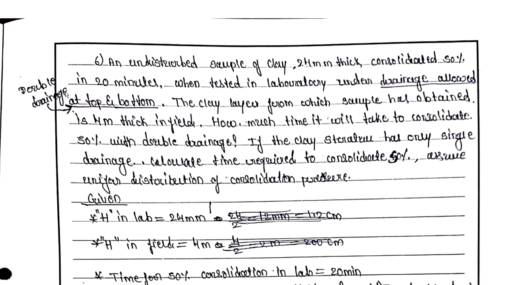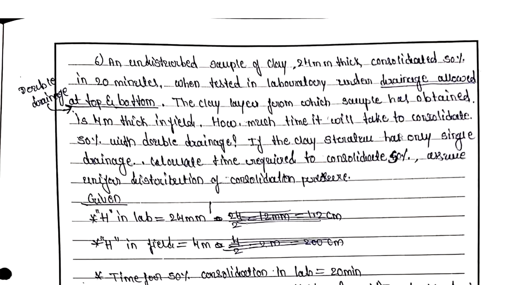So there is a double drainage which is provided, because we are allowing the drainage from the top as well as drainage from the bottom, so it is double drainage. The clay layer from which the soil was obtained is 4 meter thick in the field. So the clay layer under test is 24 mm and the clay layer in the field is 4 meter thick.